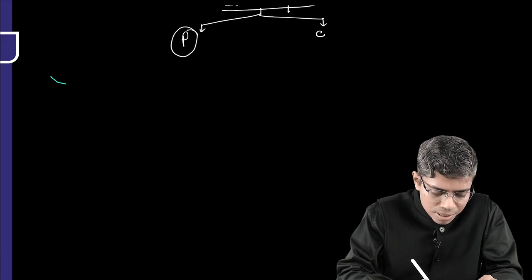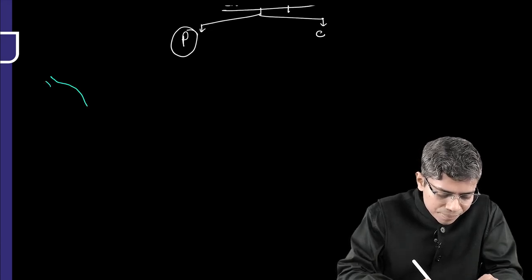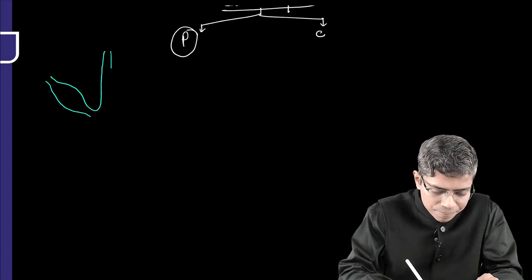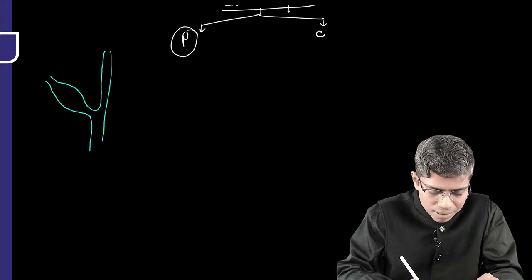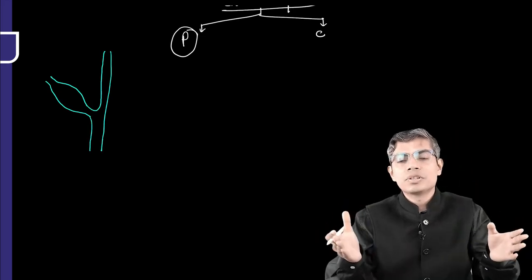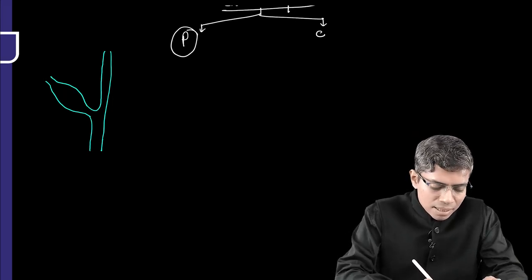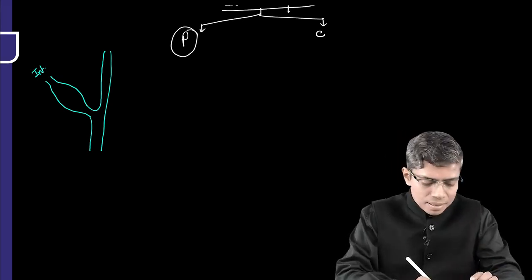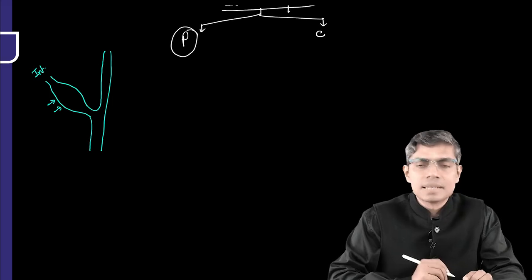Suppose this is the internal carotid artery, and this is the external carotid artery, and this is the common carotid artery. The common carotid artery divides into two, and we know that the internal carotid artery at its point of origin has a little dilated area. This is known as the carotid sinus.